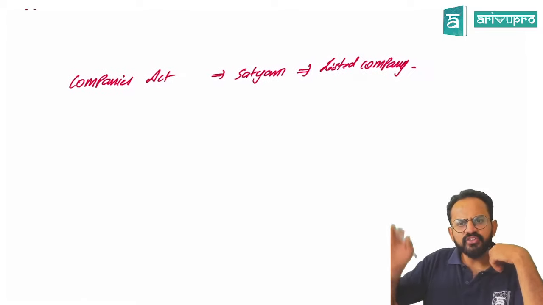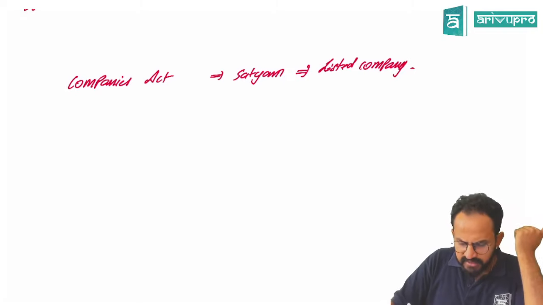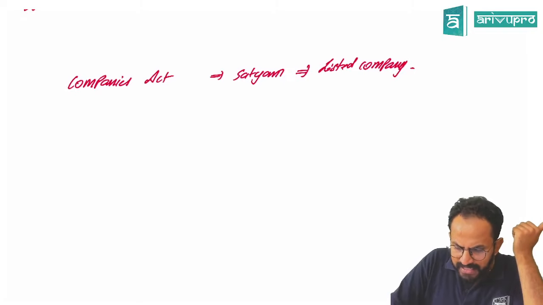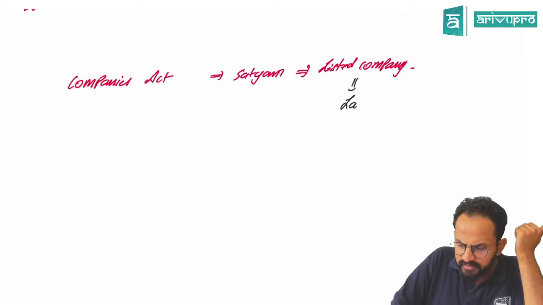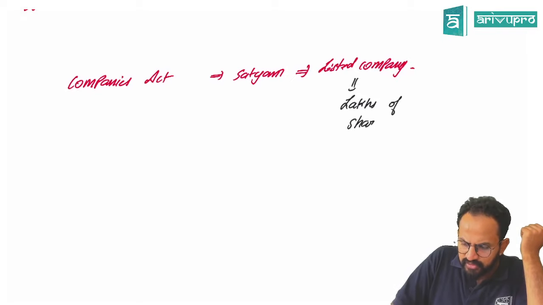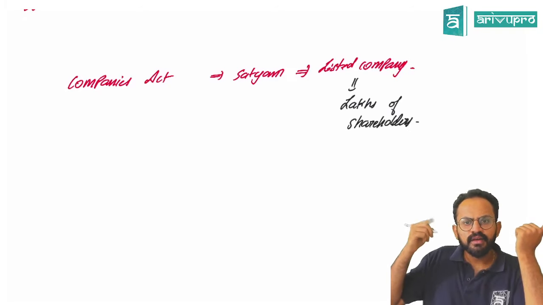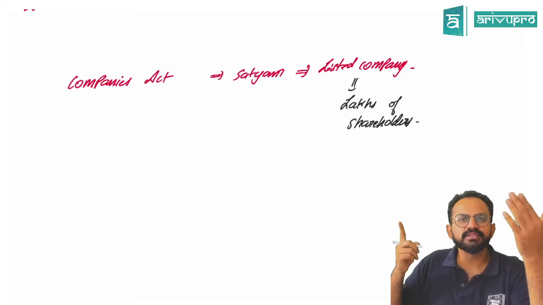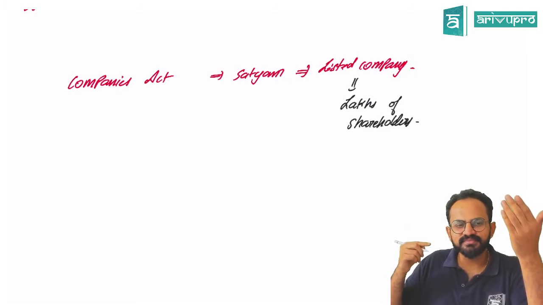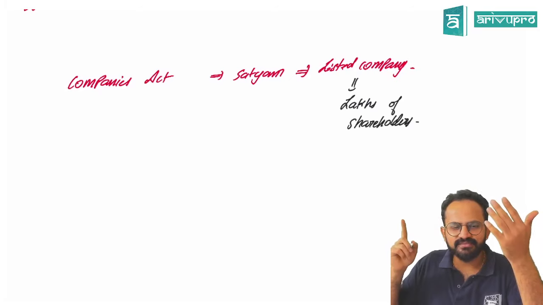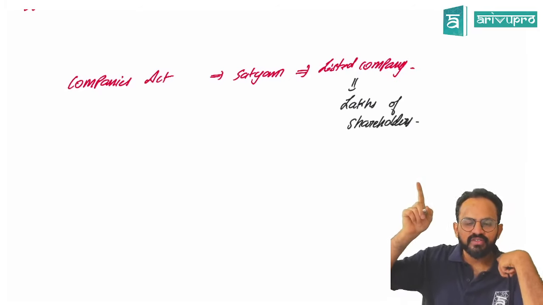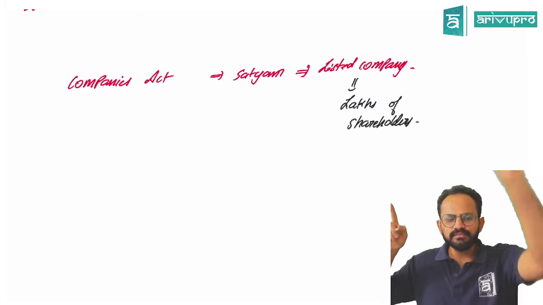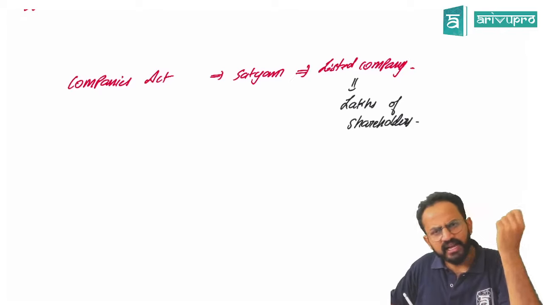People, in a listed company there will always be lakhs and lakhs of shareholders. Who is Satyam? Satyam Computers, Ramalinga Raju. Okay, sir. Satyam scam, lakhs and lakhs of shareholders.